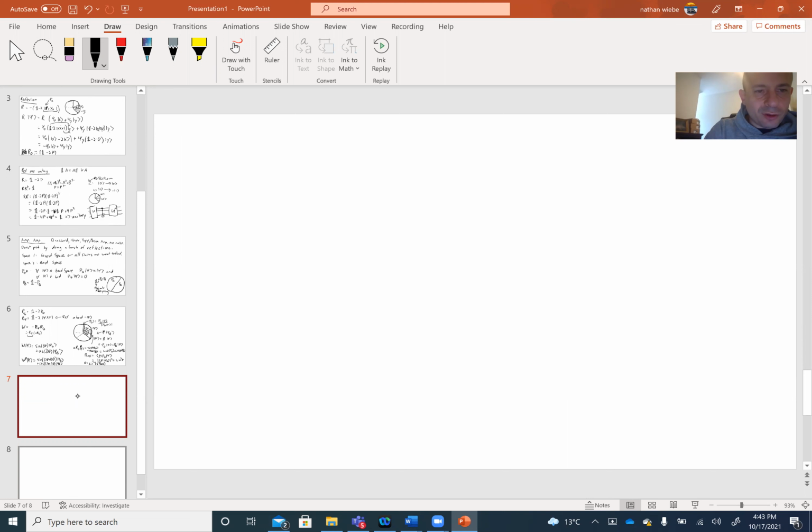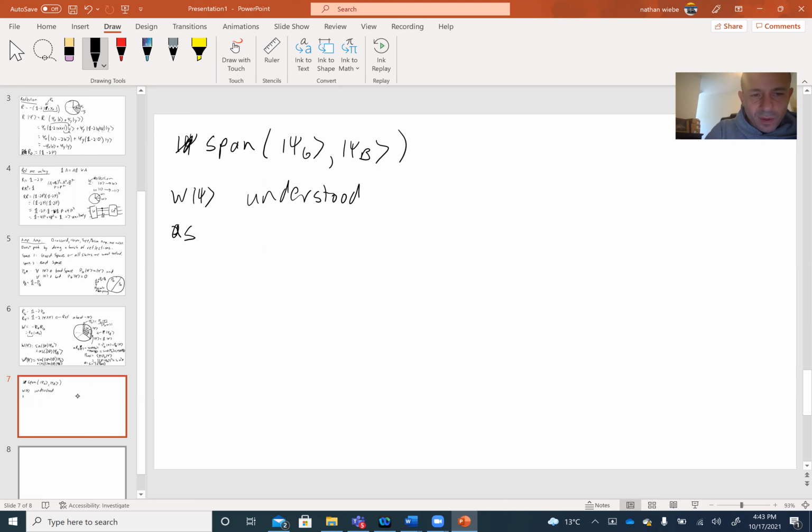Every vector that we have in this space will be in the span of psi g and psi b. Therefore, the action of the walk operator on psi can be understood as a 2D matrix in this space.